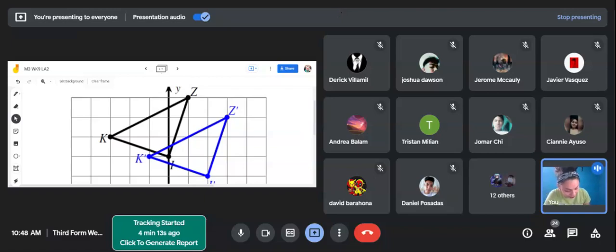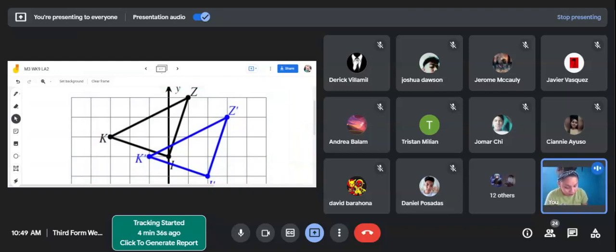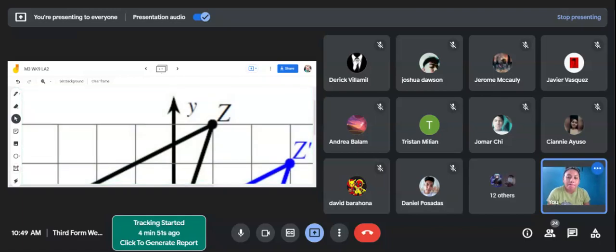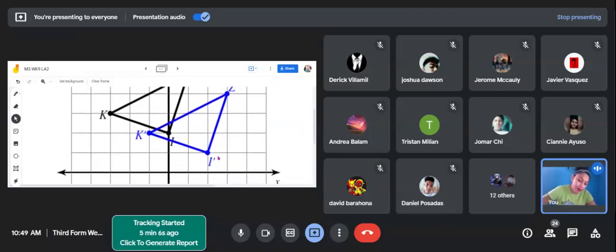Take a look at where point Z is and where Z1 is, where K is and where K1 is, and where I is and where I1 is.